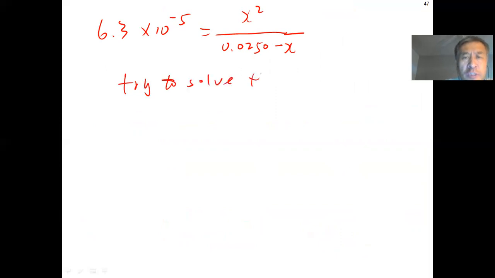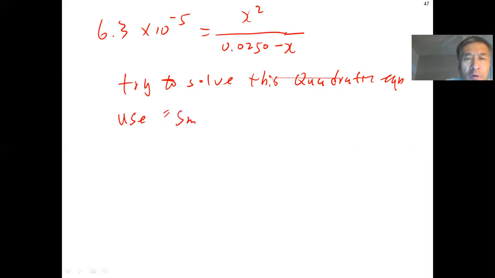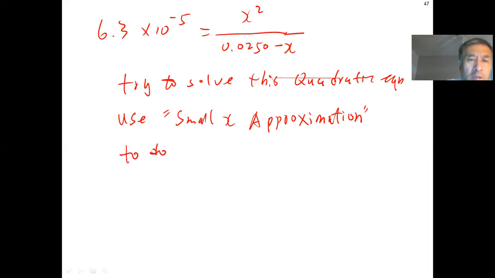To solve this quadratic equation, we use our typical approximation, the so-called small x approximation. To do that, we need this condition to be true.